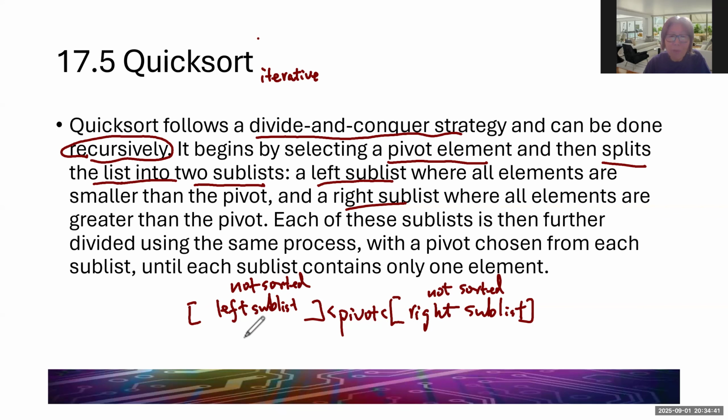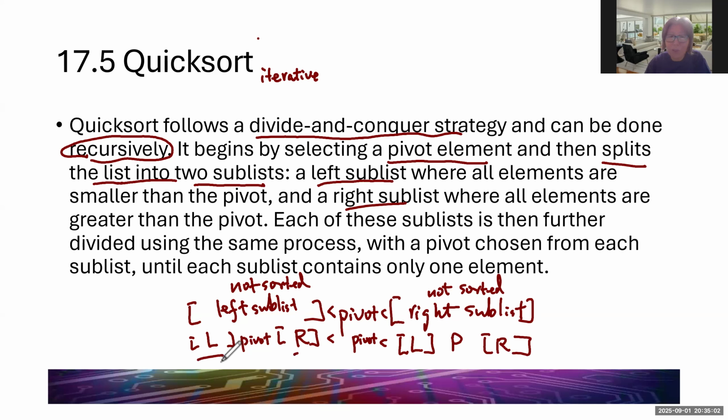Then we keep applying this split operation to both sublists. For the left sublist, you have a pivot again, and then a left sublist and a right sublist. All these sublists are not sorted yet, so you keep doing the split until both the left and right sublists contain only one element.